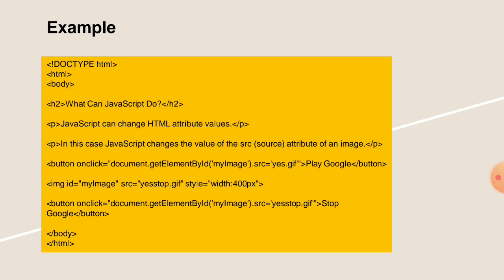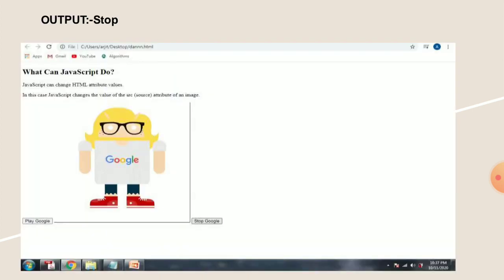We create a button with the code play Google, then we add a simple image with id myImage, source stop image .gif, width 400 pixels, then a button with the code stop Google, then close the body section and HTML. That is one output.